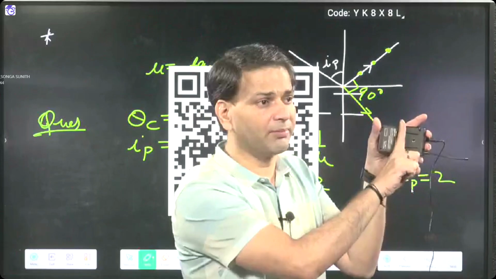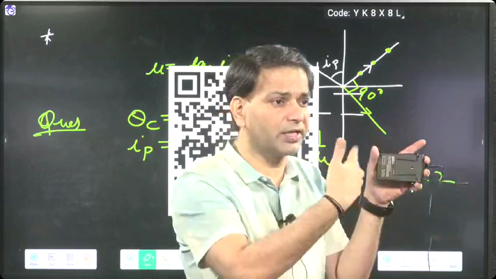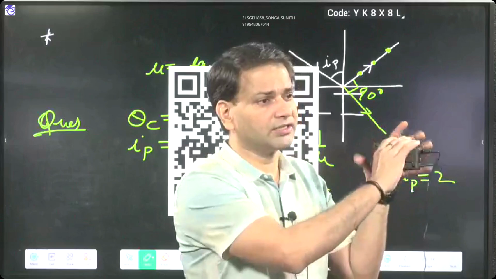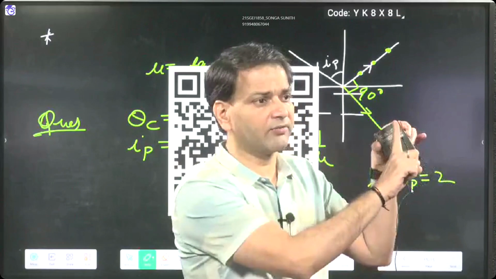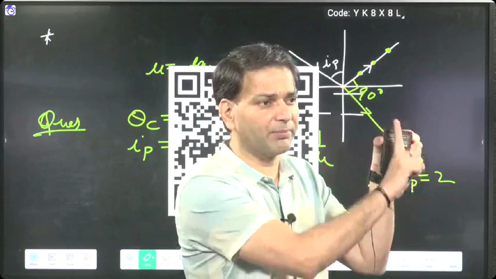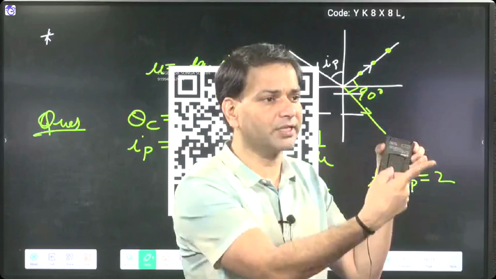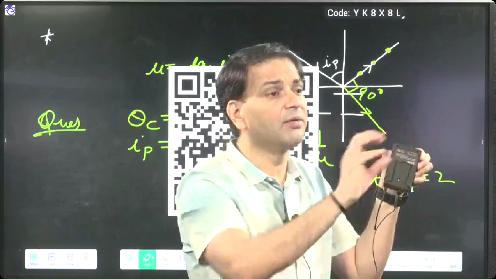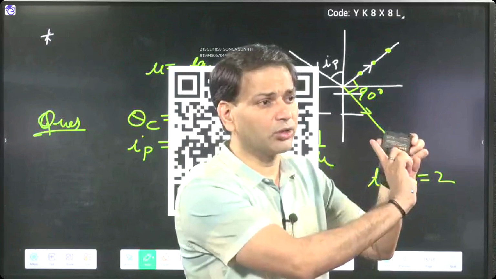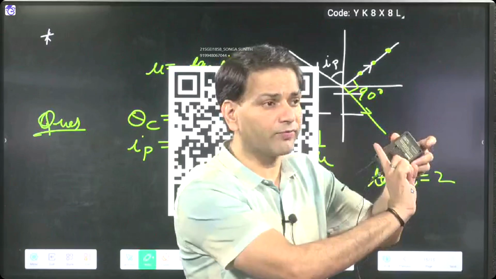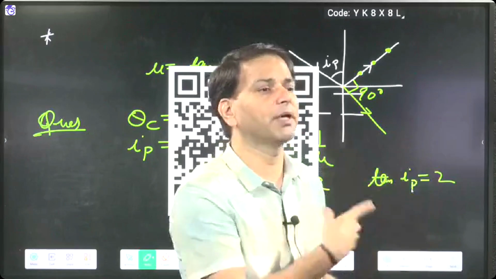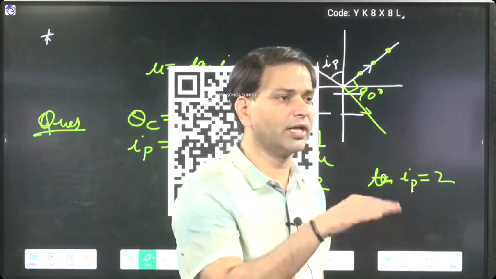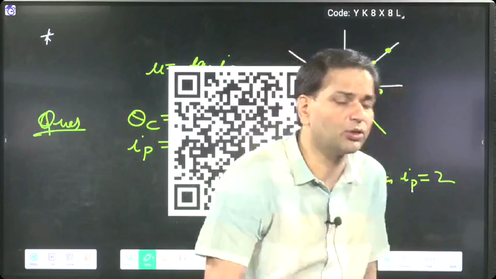When they become perpendicular to each other, the transmitted intensity is 0. Still rotating the polarizer, it will again start increasing. When they become parallel again, the transmitted intensity is maximum. Still rotating the polarizer in the path of the reflected beam, they again become perpendicular, and again it becomes 0. Like that, in one rotation, 2 times 0, 2 times maximum.